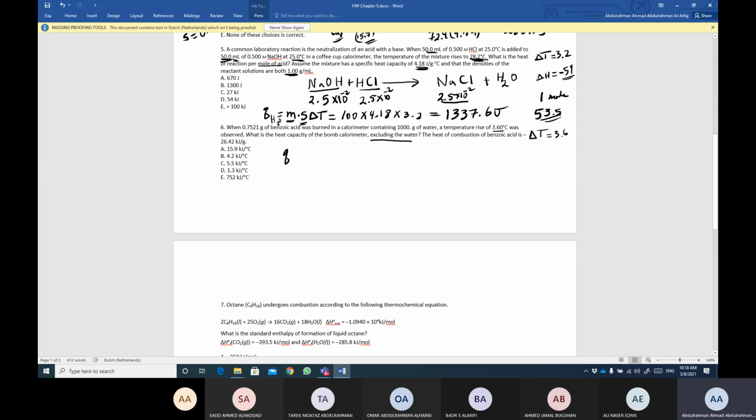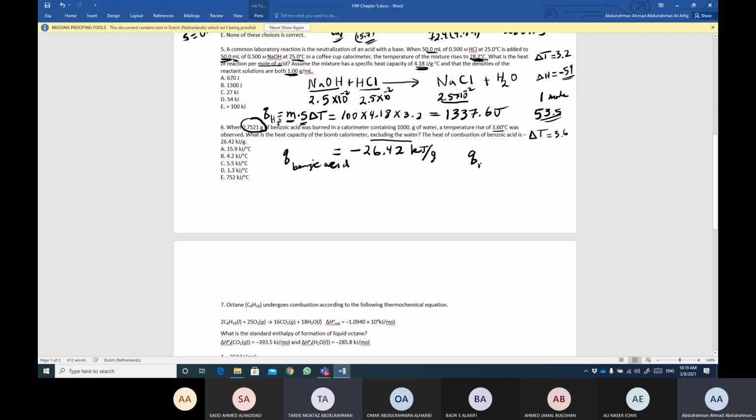So Q of benzoic acid is equal to what? Minus 26.42 kilojoule per gram. If I have 0.7521 gram, then what's the Q?